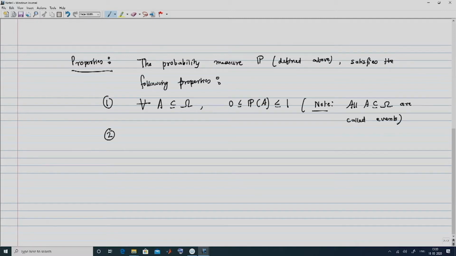The second property is the probability of omega, and this is given to be equal to 1.